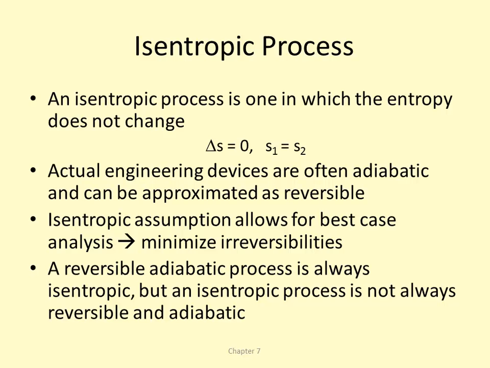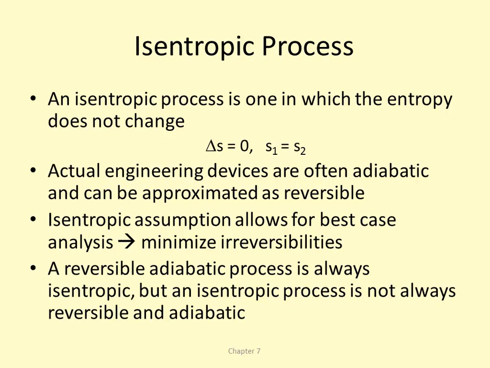So if our turbine, for example, is adiabatic and reversible, so if those two keywords come in, it's adiabatic, there's no heat transfer, reversible, there's no friction or other losses, then we know that the entropy doesn't change. Okay, so that allows us to fix the state when we would otherwise not know the outlet conditions of the turbine.